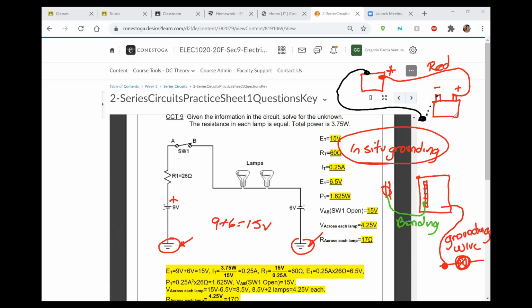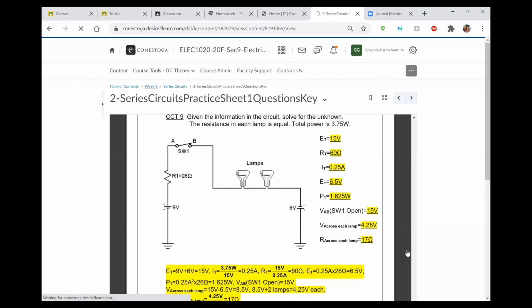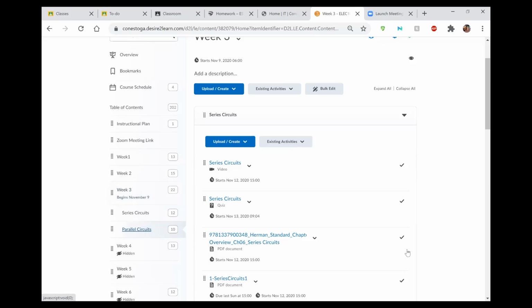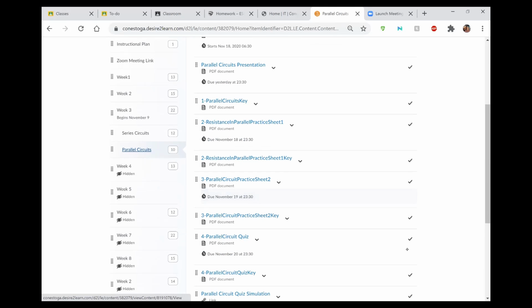In the case of parallel circuits, I also have created another simulation for that. Under week 3, on the parallel circuit, you had a bunch of stuff to do. That's why you have the answer key available for each individual handout.